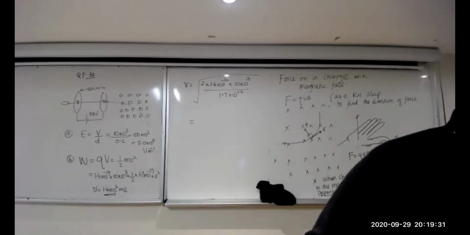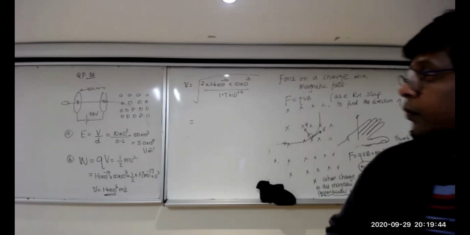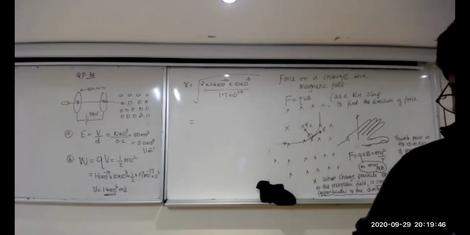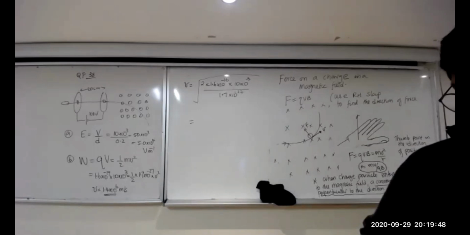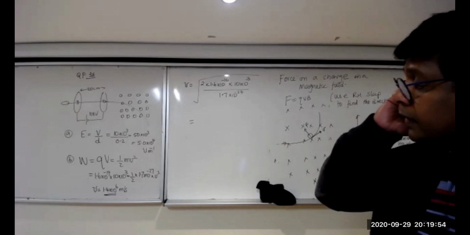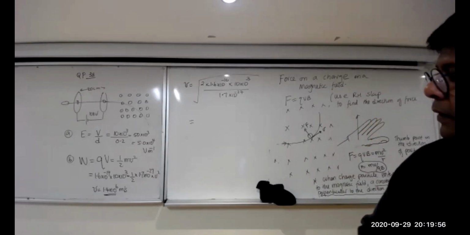Question number 1. q times V, that's correct. Half mv squared. Anyone got different answers for that? 1.4 times 10 to the power 6.